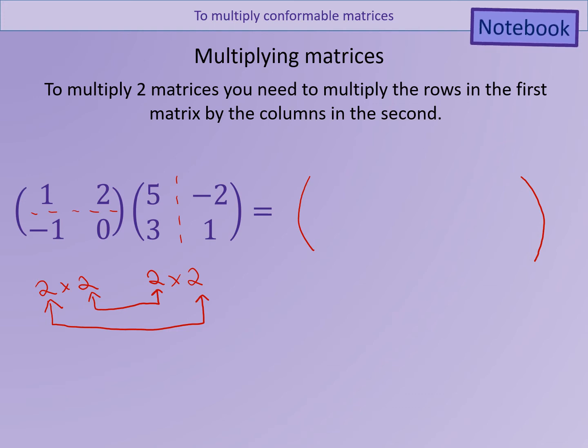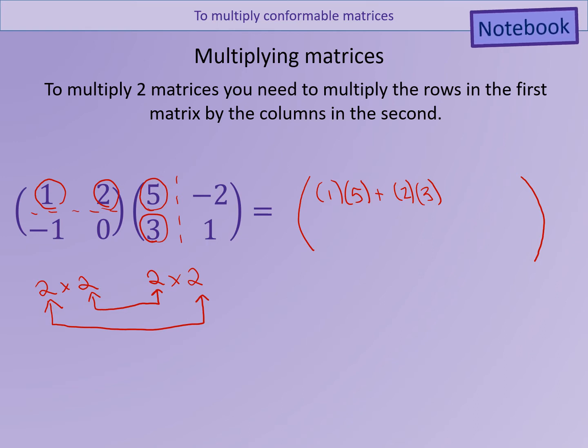Let me show you the working out from here. I'm going to multiply 1 by 5 and 2 by 3. So 1 times 5 plus 2 times 3. That's the first element in my matrix.